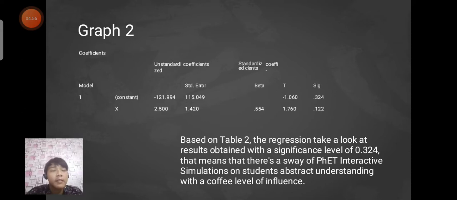In graph 2, based on table 2, the regression test results obtained a significance level of 0.32400. That means that there is an influence of PhET interactive simulation on students' conceptual understanding with a low level of influence.